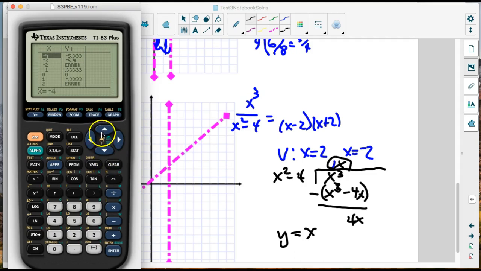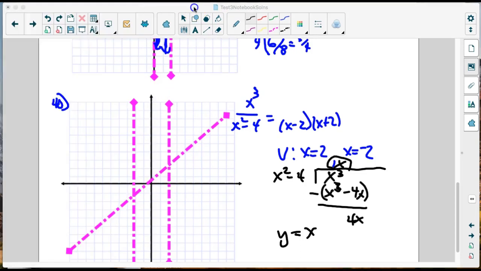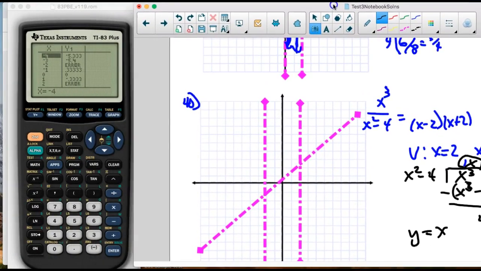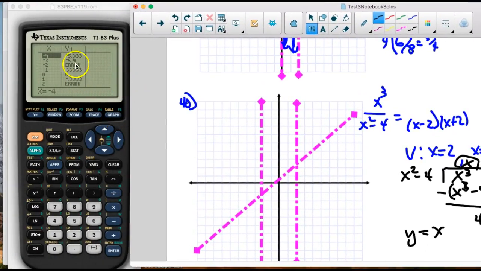Alright, so if we start at like -4, let's move this over. Okay, so -4 is going to be at -5.1, right about here. Remember, it looked like this on the graph, turning and going this way.